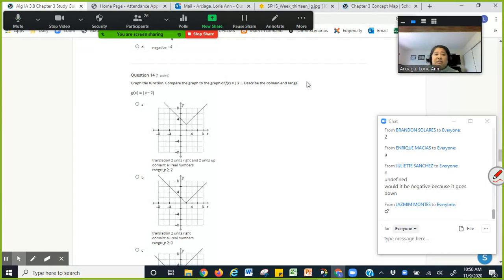Okay, so first, if you remember, how do you find the vertex from here? The vertex is you get the opposite of h and then you copy the k, right? So the vertex will be the opposite of this number, which is 2, and then there is no number outside, so 2 comma 0.